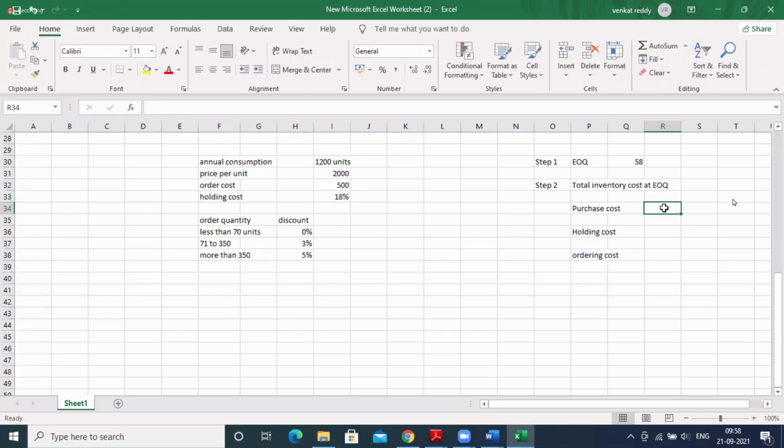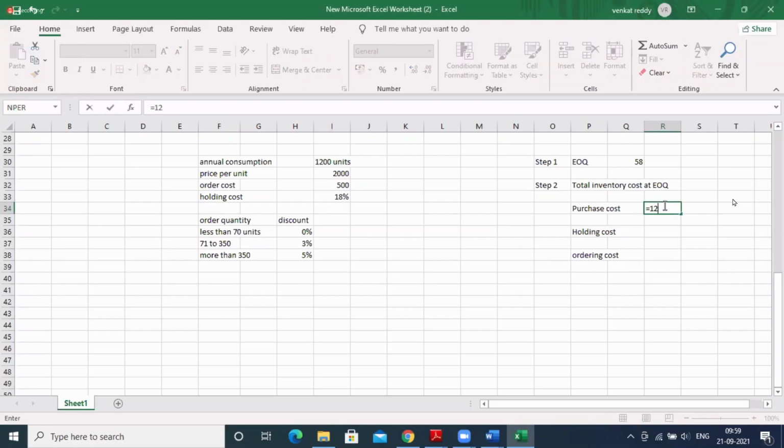What will be the purchase cost now? 24 lakhs, right?